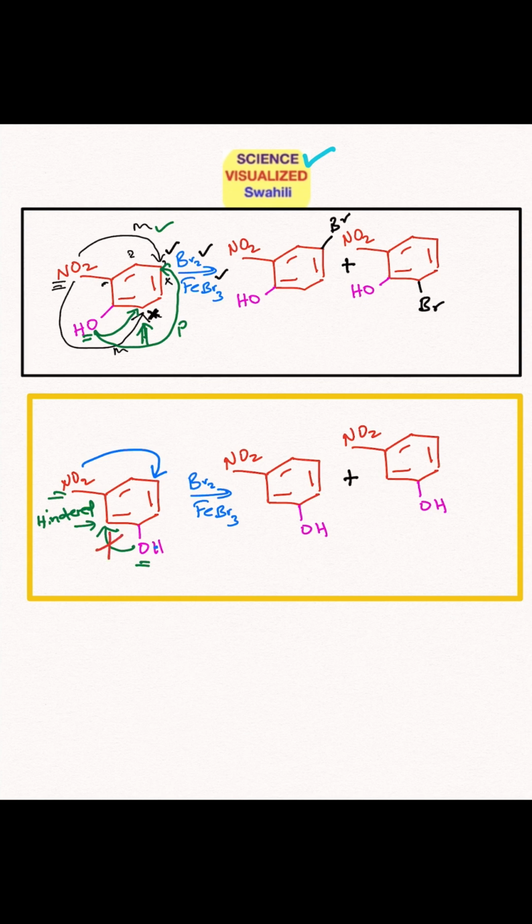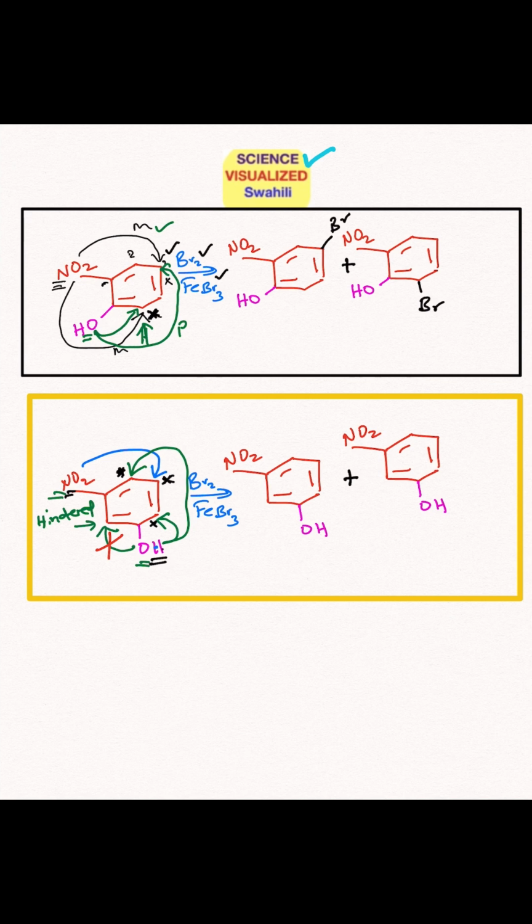Now we're left with the other ortho position right there and the position para to it. Remember, para is 1,4, right there. Now we end up in a situation where NO2 is favoring that position, but OH is favoring ortho and para with respect to it.